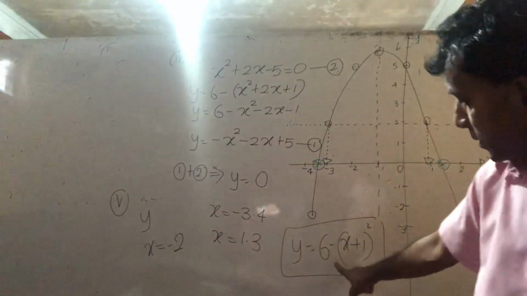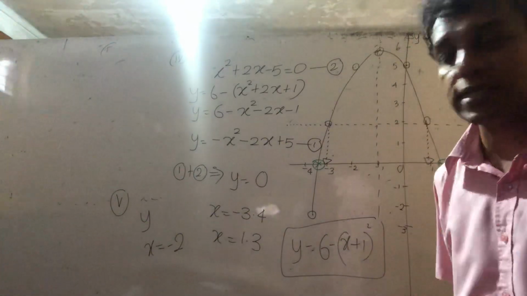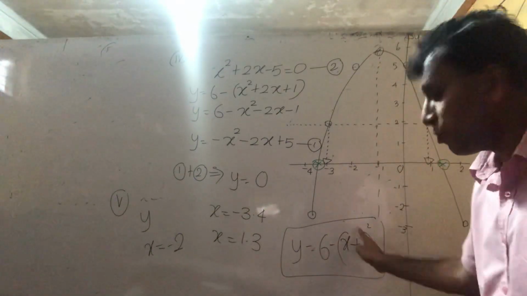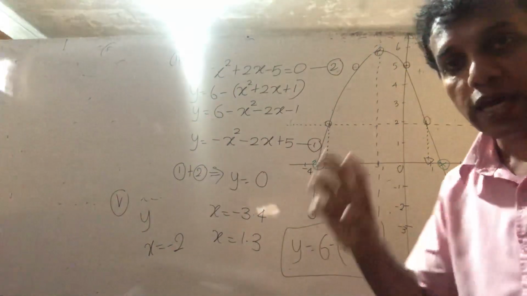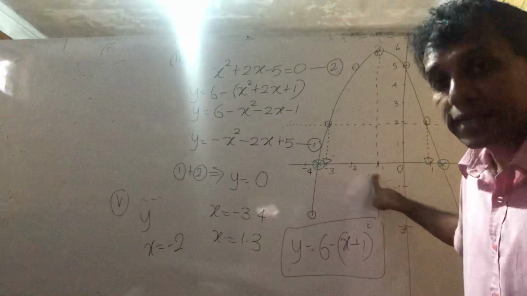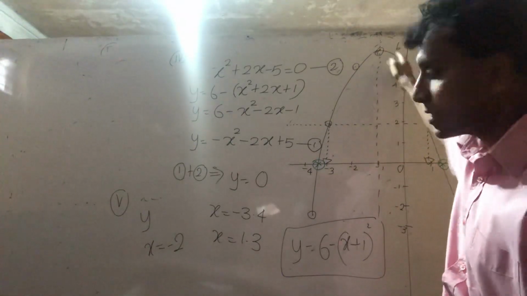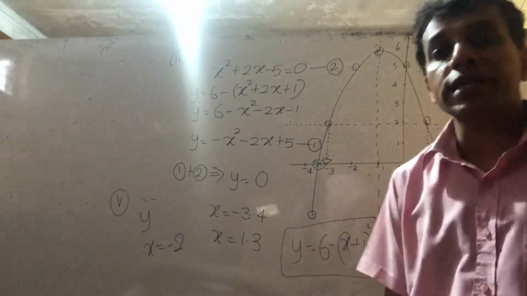What is 6? The maximum value. Maximum is 6. What is the symmetric? If you make this bracket 0, x plus 1 equals 0, you have x equals minus 1. Maximum is 6, symmetric is minus 1.